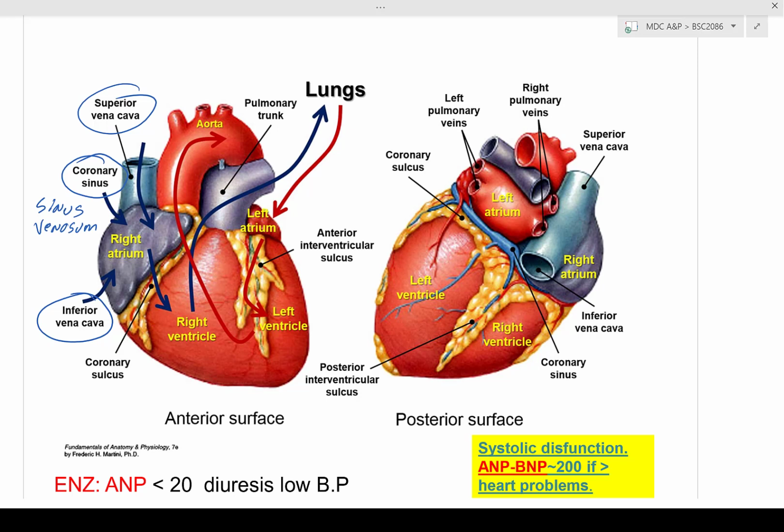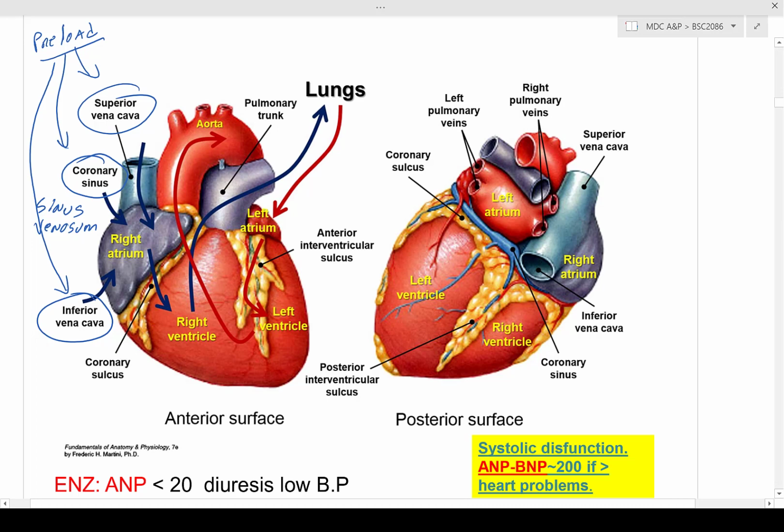Deoxygenated blood. What do we call all the blood that enters the heart? All the blood that enters the heart, so everything that comes from here, this is called preload. What is preload? All the blood that enters the heart.